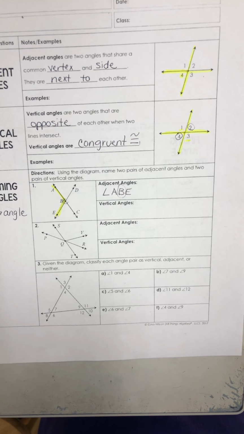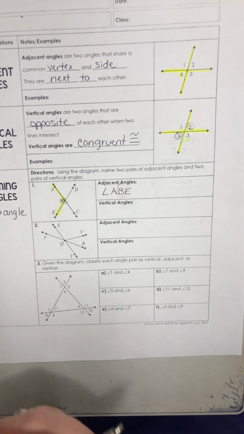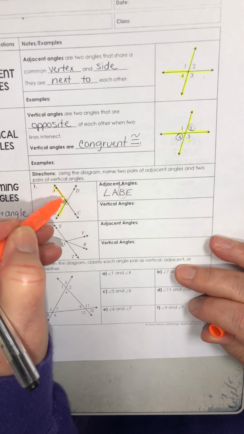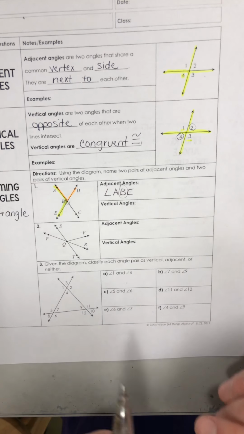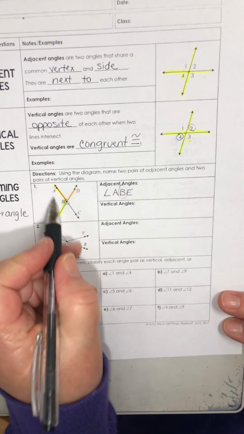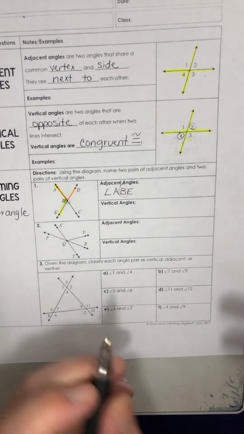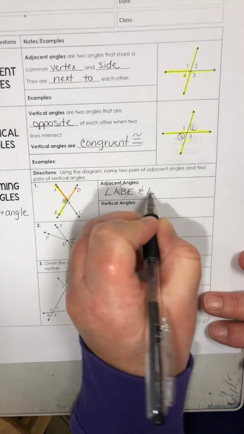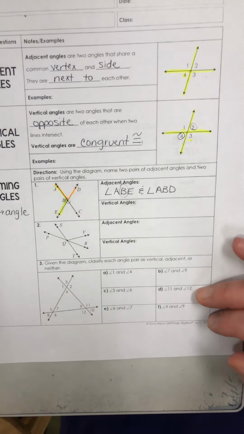Okay, remember we have 2 things we could probably pick from. All right, so how about if we just choose angle ABD. And you can see that they're sharing a side because we have both colors on this side. So angle ABE and angle ABD are adjacent to each other.